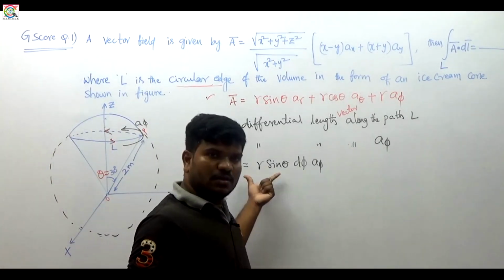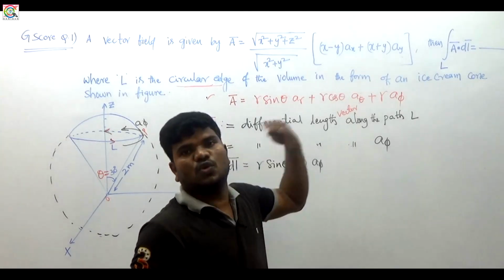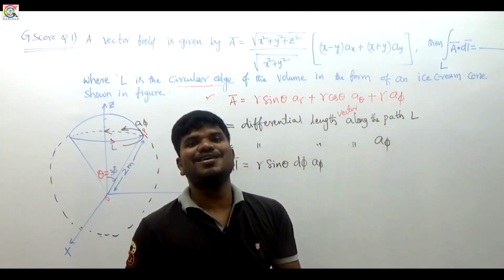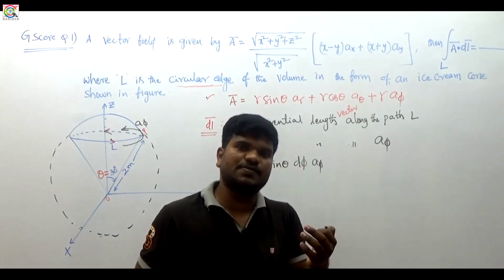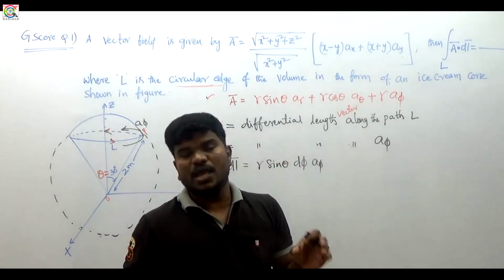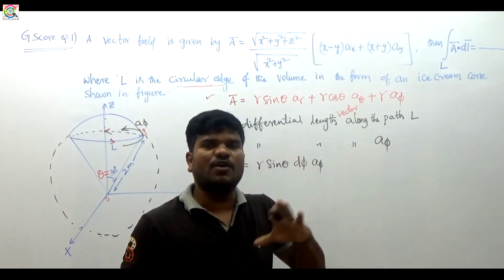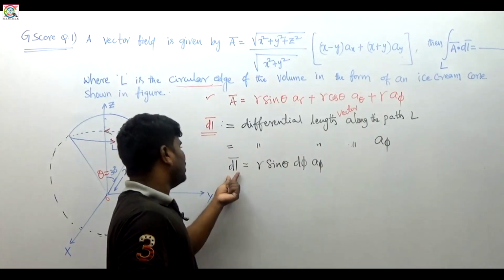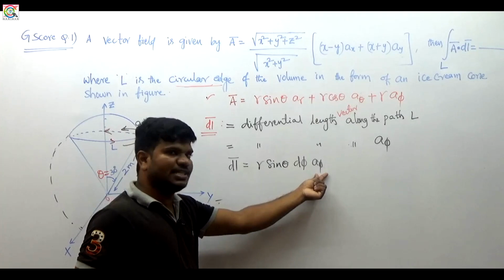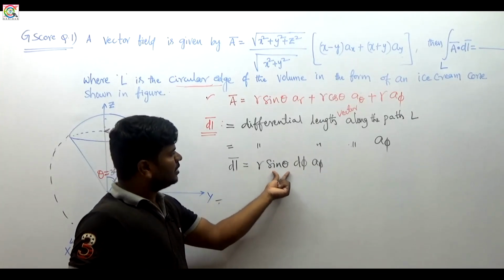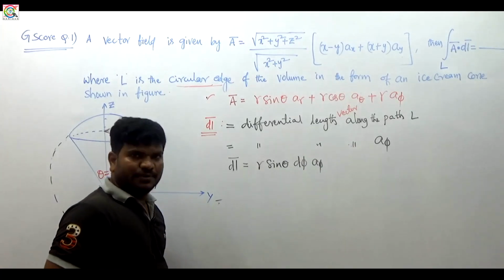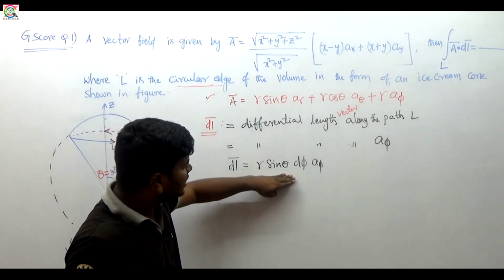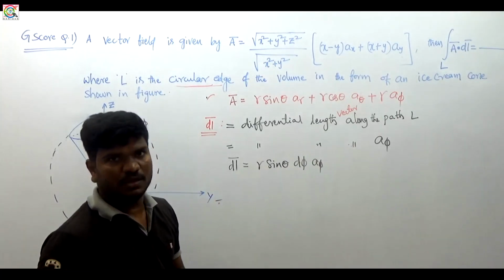To know this dl bar, you should go through the analysis of the spherical system: differential length vector, differential surface vector, differential volume. Everything is given in clear-cut form in my crash course, right?